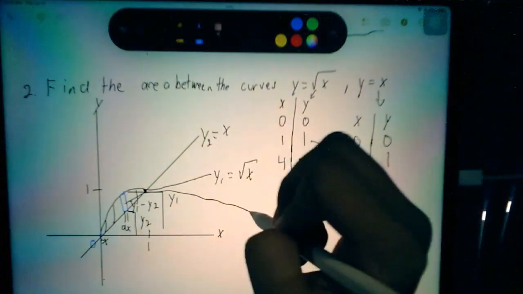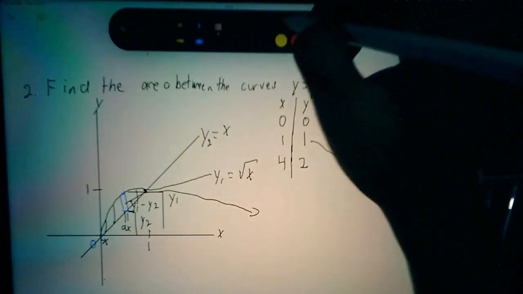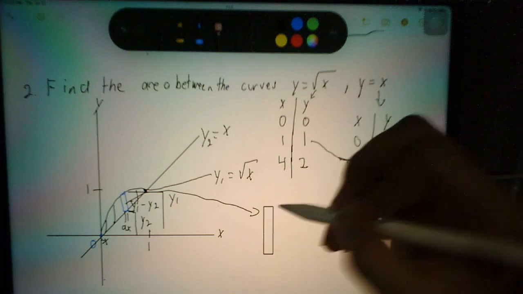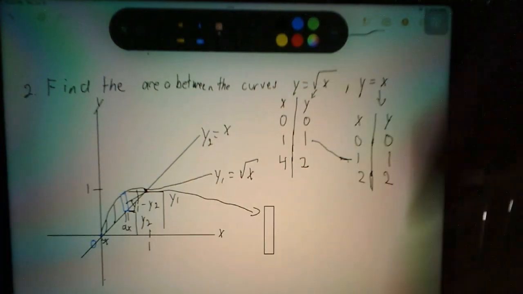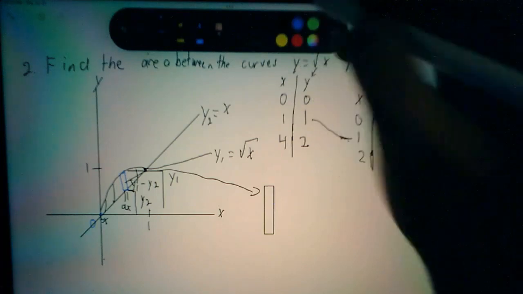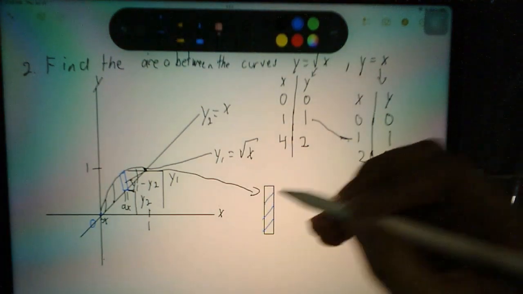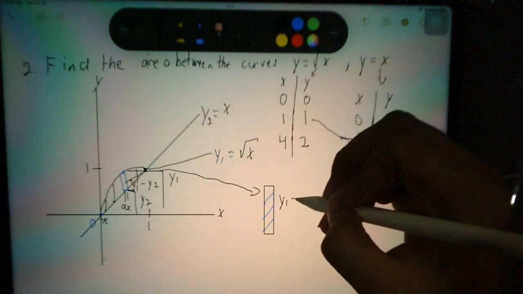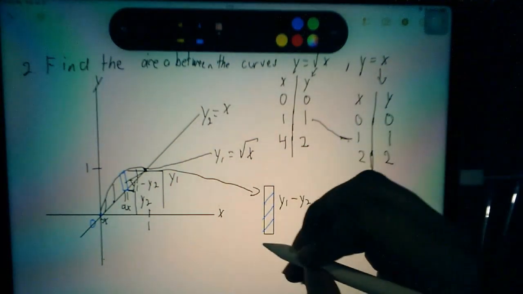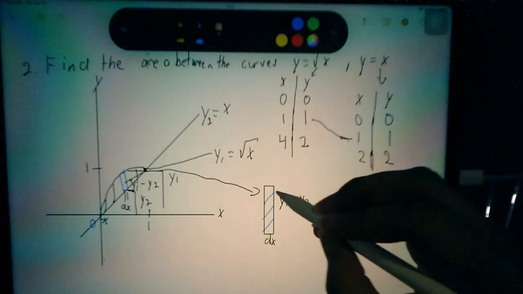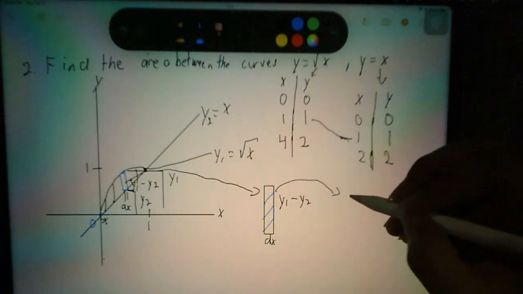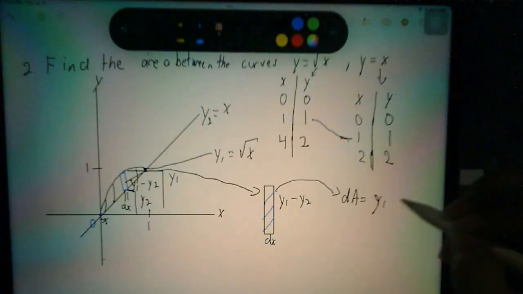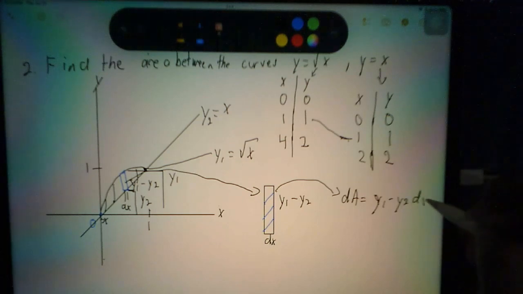So now let's take out this vertical strip. So now the vertical strip is just y1 minus y2 dx. So this is the differential area, or dA, equals y1 minus y2 dx.